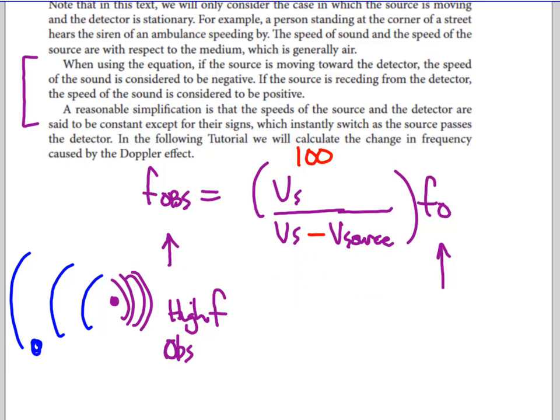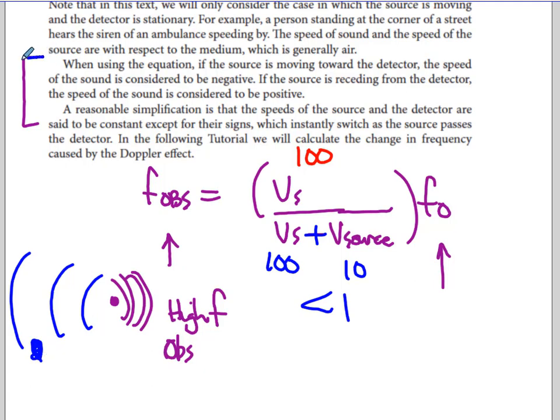I want to add the source. So let's do that again. If I have 100 on top and 100 on bottom, but I add 10 to it, that overall multiplier in front of the original frequency will be less than 1 now. So it will bring my frequency down, and that's what I would hear over here.